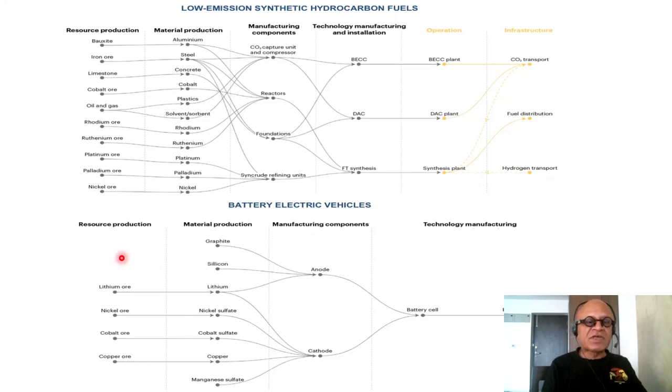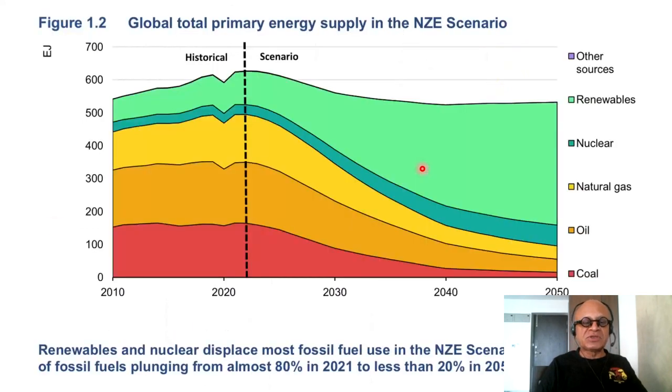For battery electric vehicles, again, you have lithium ore, nickel ore, cobalt ore, and copper ore. You have to produce graphite, silicon, lithium, nickel sulfate, cobalt sulfate, copper, and manganese sulfates to build anodes and cathodes to build a battery cell and then feed to the electric vehicle. So you can see the various components of bringing them together.